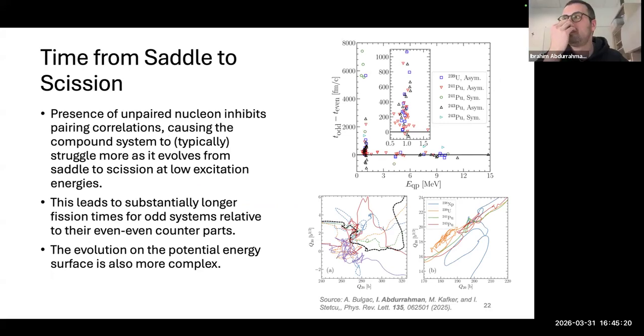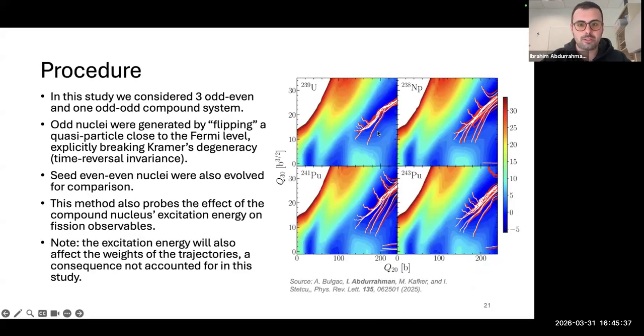Yes, it very well could be. It could be because you have many more low-lying states for odd nuclei. Let me go back to the potential energy surface, because this is just the lowest potential energy surface. But we know in practice, as soon as you have some temperature, you have a lot of potential energy surfaces on top of that.